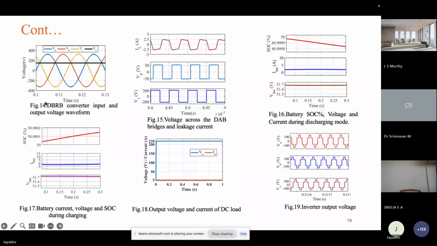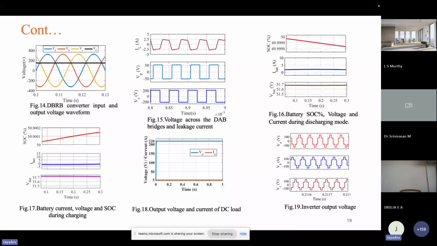In the same way, for the DAB buck converter connected to the pico hydro, the input and output voltages are shown. The three-phase input is rectified and stepped down to around 150 volts. Similarly, in figure 15 you can see the DAB converter primary voltages with respect to the leakage inductor current, and it is SPS control.